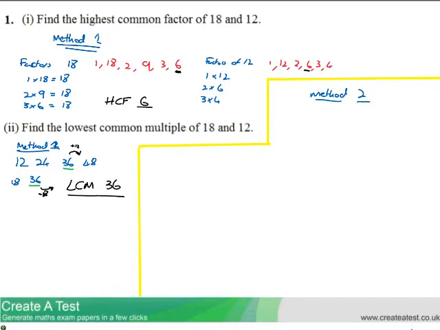So what is prime factor form? Well, it's like breaking the number down into its building blocks, and the building blocks consist of prime numbers.